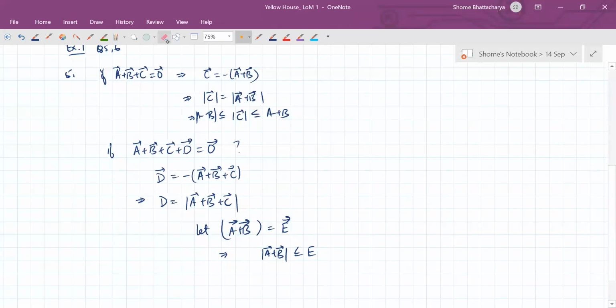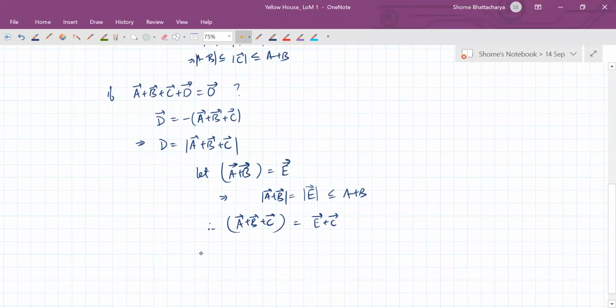the sum of their magnitudes. Okay, so therefore now a plus b plus c is equal to e plus c, and mod of a plus b plus c, which must be equal to mod of e plus c, must be less than or equal to mod e plus mod c.